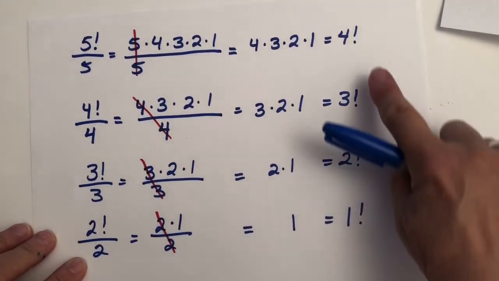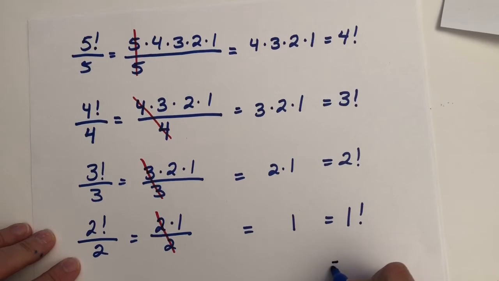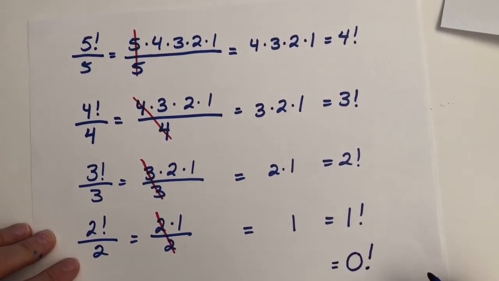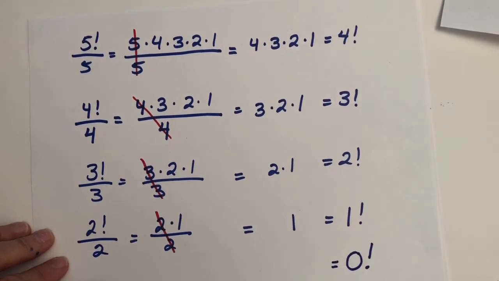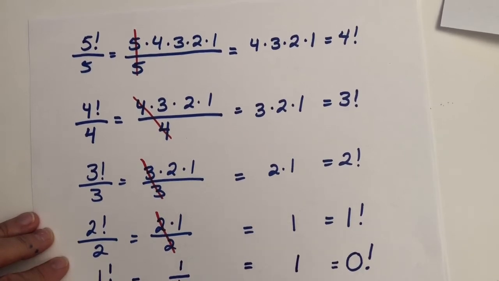So if we were to continue the pattern one further, notice on the right-hand side, we would have 0 factorial. And what is often considered a surprising result, we'd have 1 factorial divided by 1 here, which is 1 divided by 1, which equals 1.